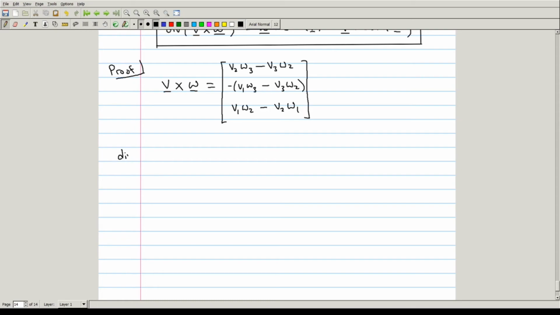So we know that the divergence of V cross W is going to be the x partial derivative of this first component, plus the y partial derivative of this second component, and then lastly plus the z partial derivative of the third component.